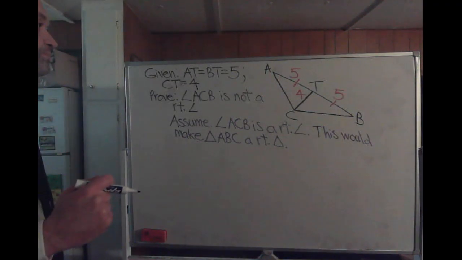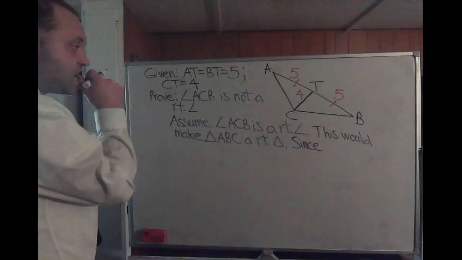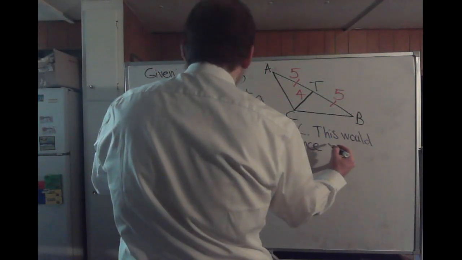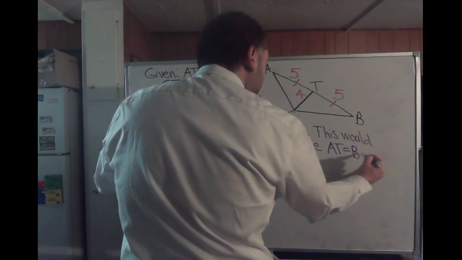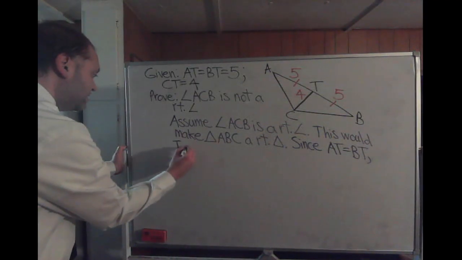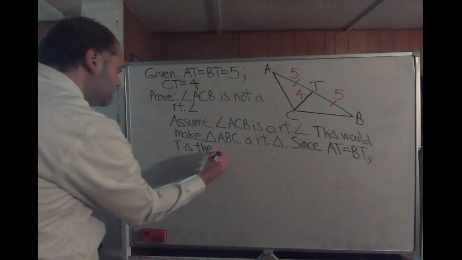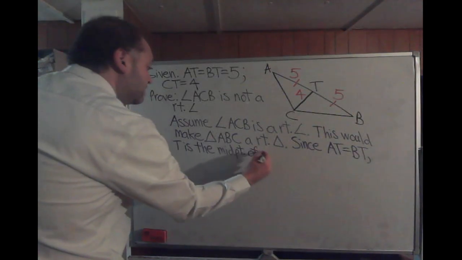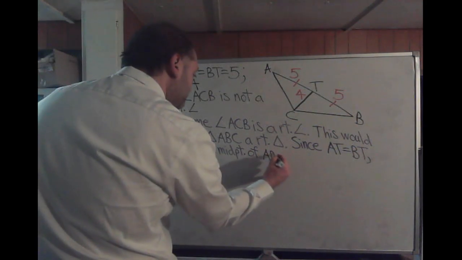From there, all right, so since AT equals BT, T is the midpoint of AB, of side AB.